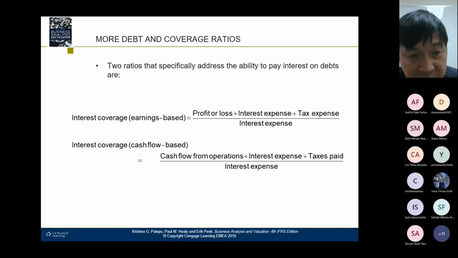The next one is the cash flow based interest coverage ratio, which uses cash flow from operations plus interest expenses plus tax paid. So the obvious difference is in their numerators.